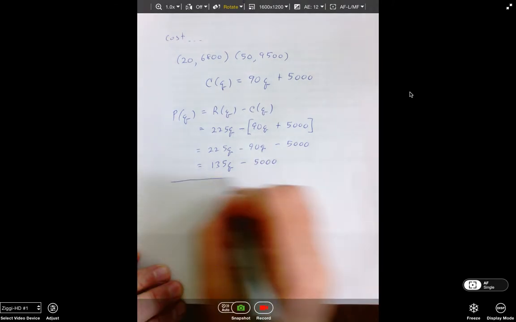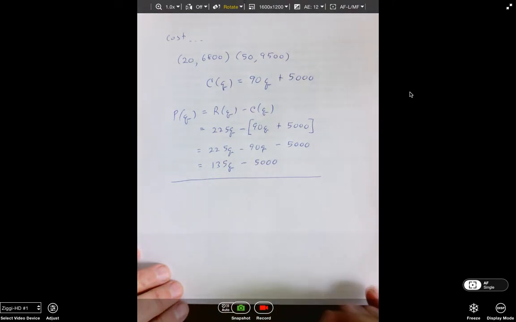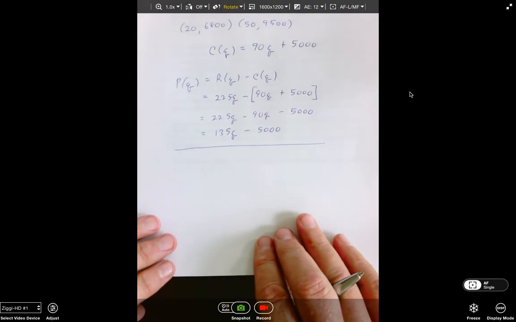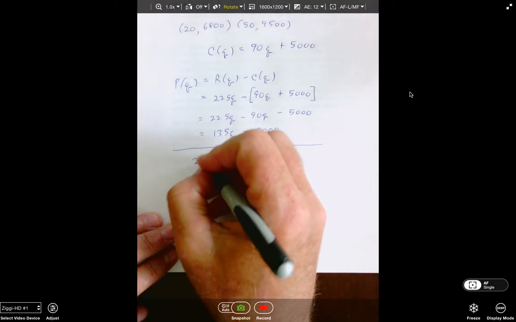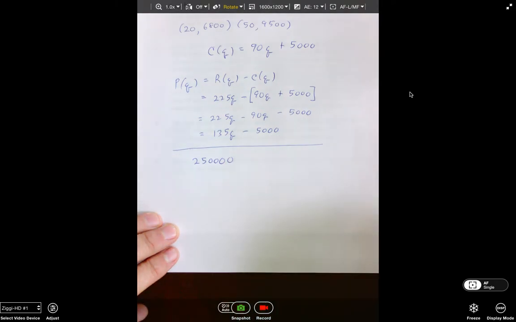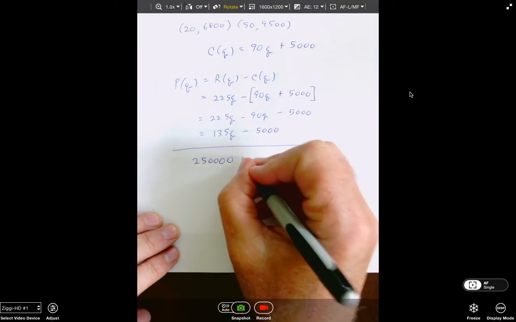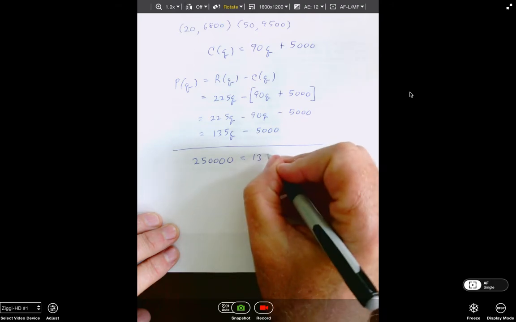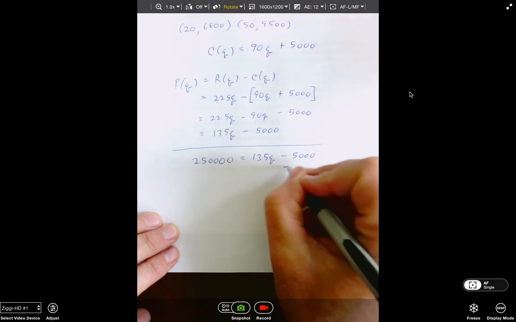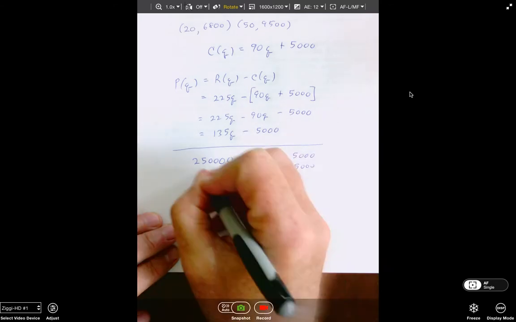All right. So guys, we have a profit function, but we need to see when our profit is $250,000. So make sure I get the right number of zeros there. Obviously I'm going to add 5,000 to both sides.